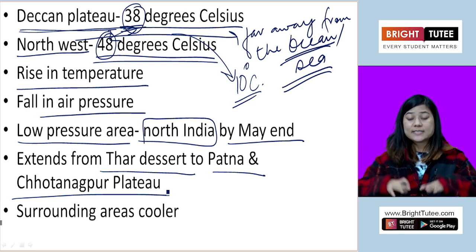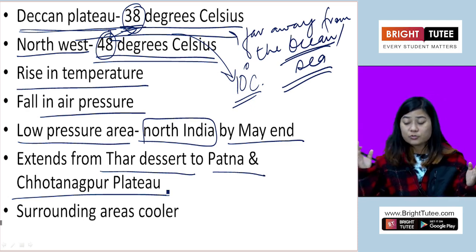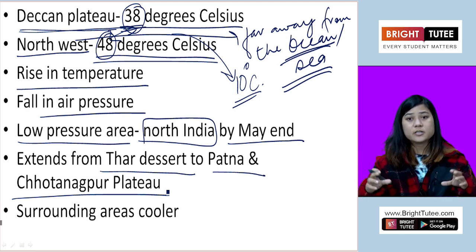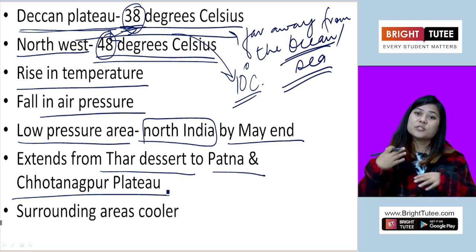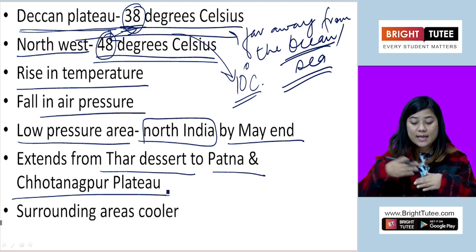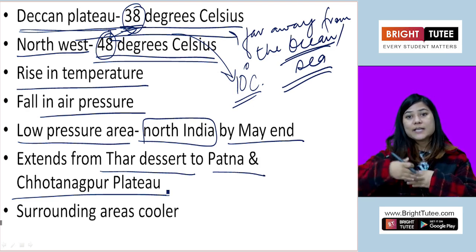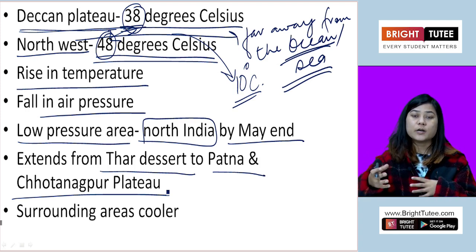Now, this area from Rajasthan to Bihar is experiencing low pressure, but the surrounding area will not also be developing low pressure. Okay, they will have high pressure because outside of this pressure area, the surrounding area is cooler.